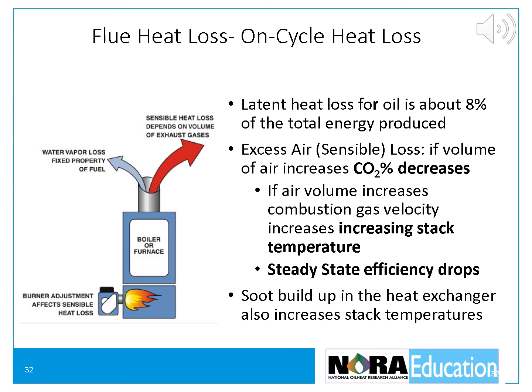Studies show the average on-cycle losses, as measured by CO2 or O2 and net stack temperature, for burners installed before the 1980s of about 28%, with a typical range of 20 to 30% of the total heat content of the fuel. This can be separated into 8% from water vapor loss and about 20% from excess air heat loss.